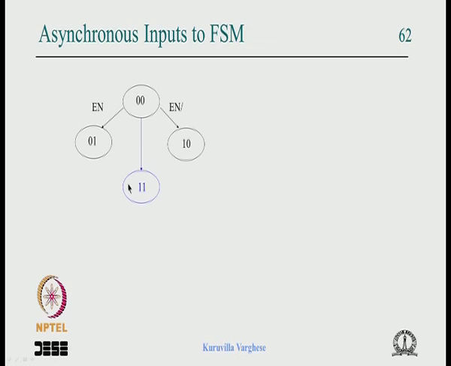So you are hoping like here only the Q1 was changing, here only the Q0 was changing, but Q1 will interpret it as 1 and will change, and Q0 also will interpret it as 1 and change. Then you will end up in another invalid state, and this is quite dangerous.